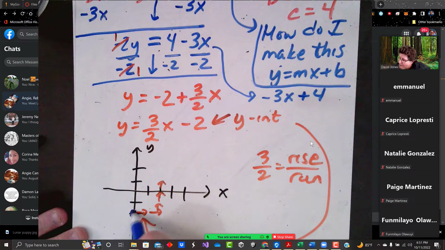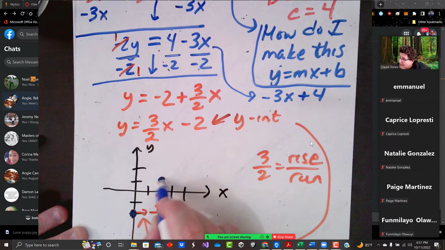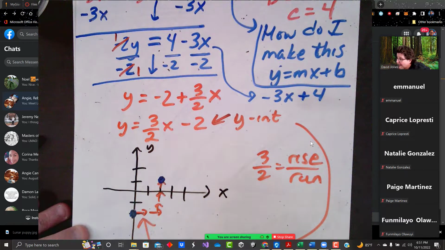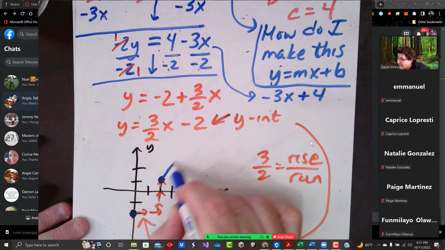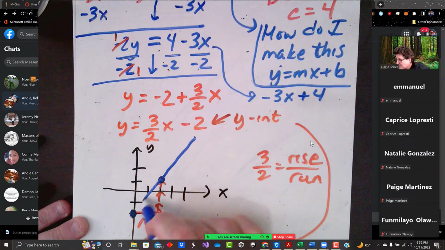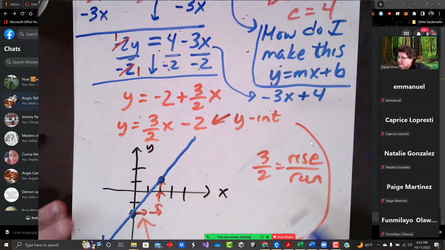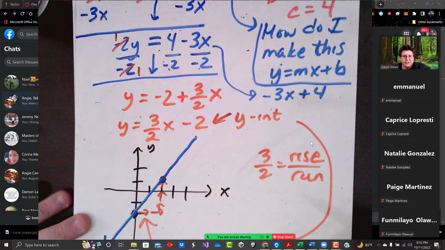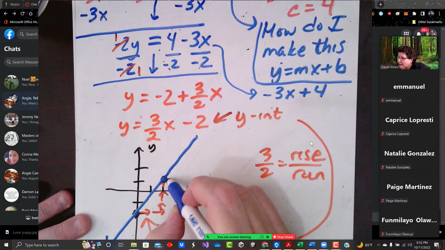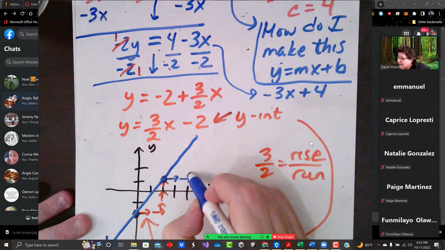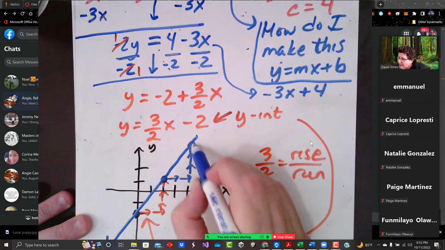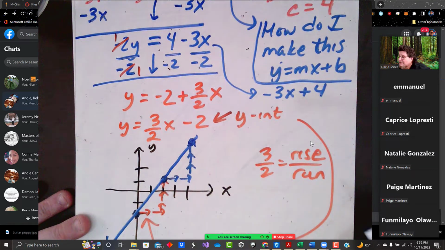So if I have the y-intercept there, and I go right 2 and up 3, I have another point there, and I can connect the dots and make a straight line. That 3/2 continues to happen. I could go right 2 more and up 3 more, and I hit the line again.